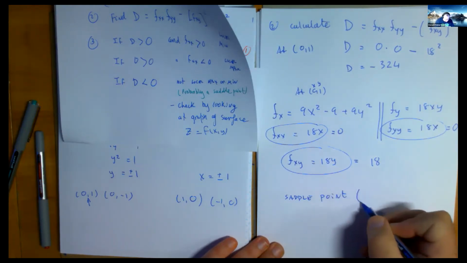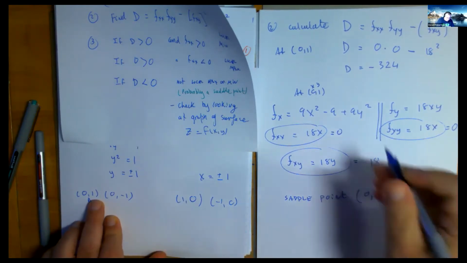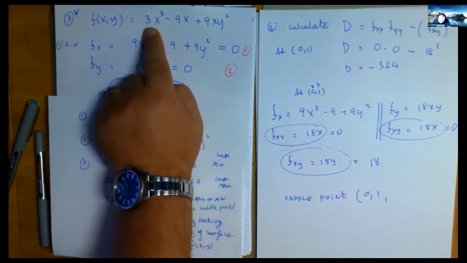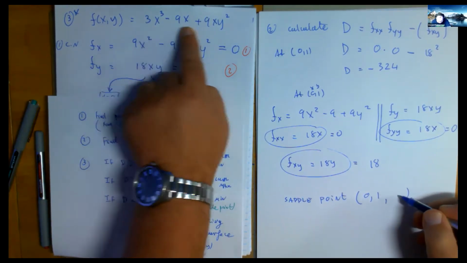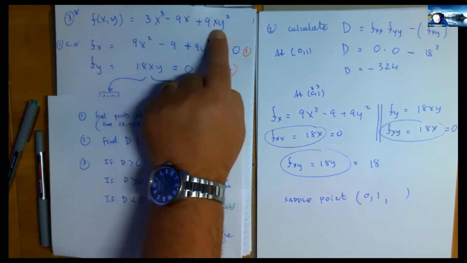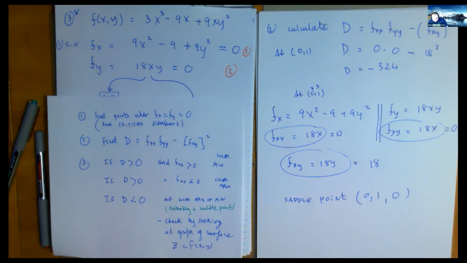And it was at x equals 0, y equals 1. And when it's a saddle point, they expect you to put in the z coordinate as well. So if you plug in 0 and 1 here, you get that. So your answer would be saddle point, and you'd write down these coordinates.